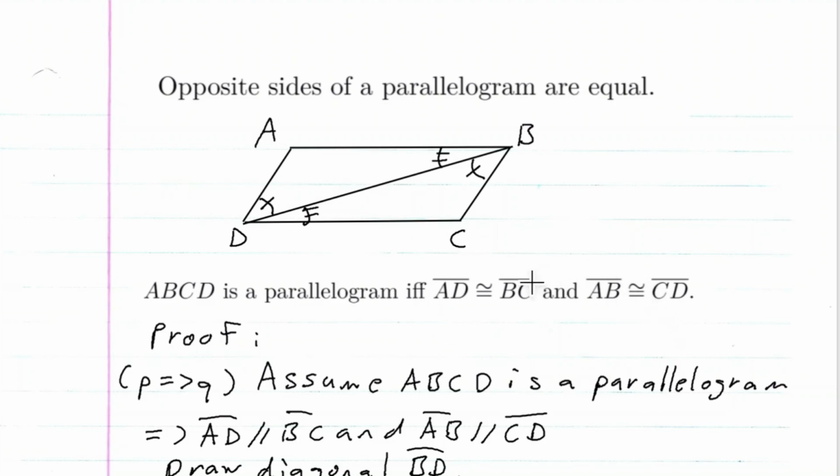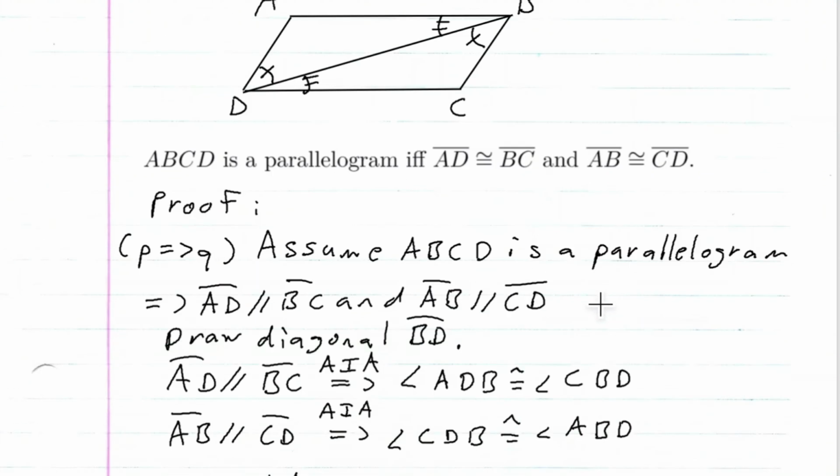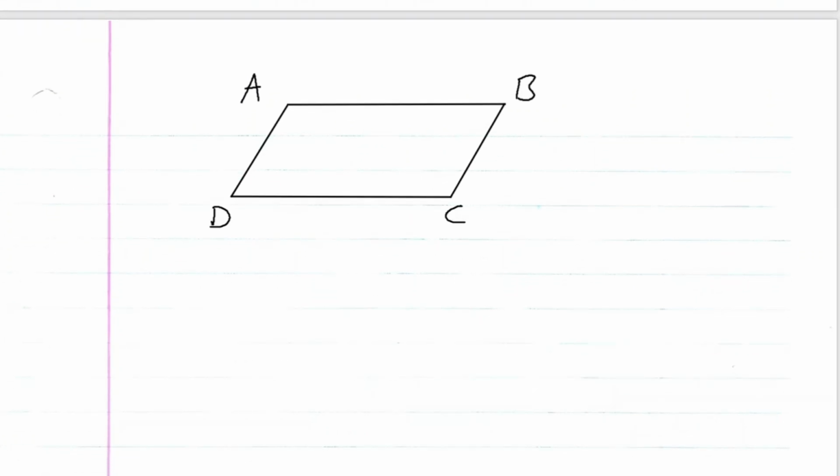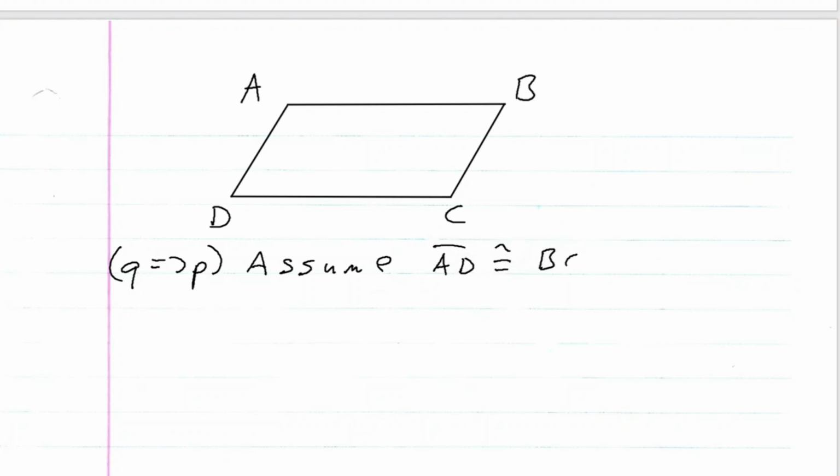Now we're going to assume the opposite sides are equal and try to get to ABCD is a parallelogram. As you can see, I drew the picture already, and we're going to do Q implies P, right? So now we're going to assume AD is congruent to BC and AB is congruent to CD.